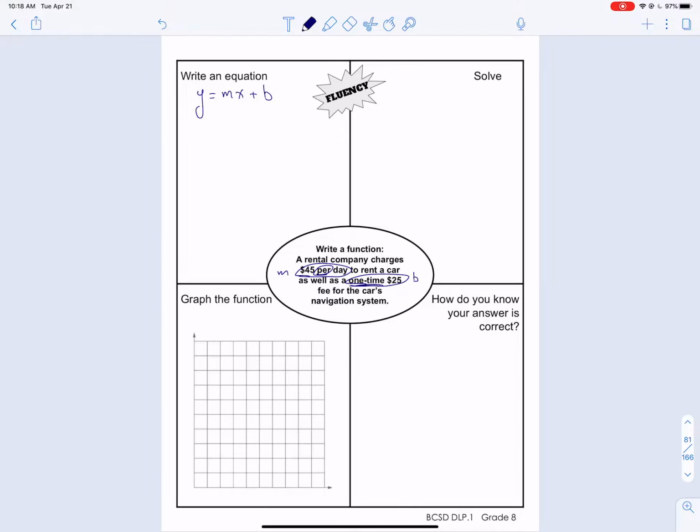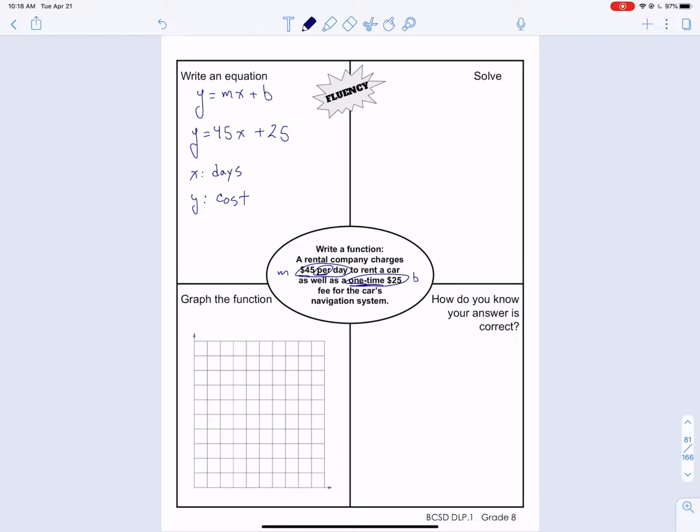Okay, so we have our information and we can write our equation. So y equals 45x plus 25. Okay, and remember we need to explain what these things mean. So x is $45 per day, so this is the days. And then y would be the cost.